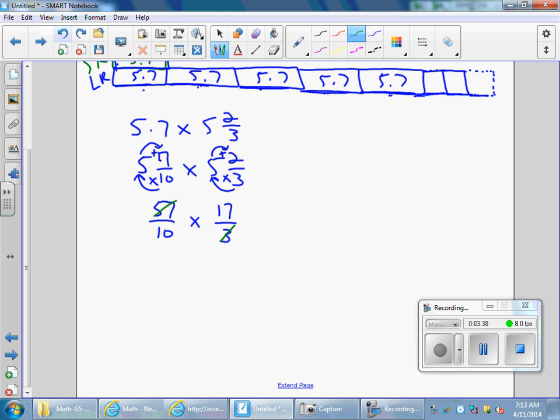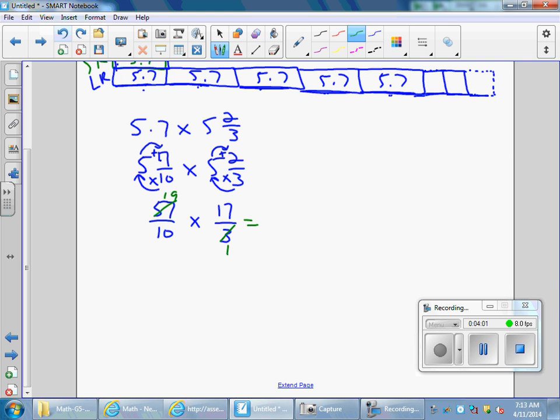So 3 is a factor of both 57 and 3. 3 divided by 3 is 1, and 57 divided by 3 is 19. Now, if you couldn't do that, you could still multiply 57 times 17 and 10 times 3 and simplify at the end. But sometimes it's easier to simplify ahead of time.